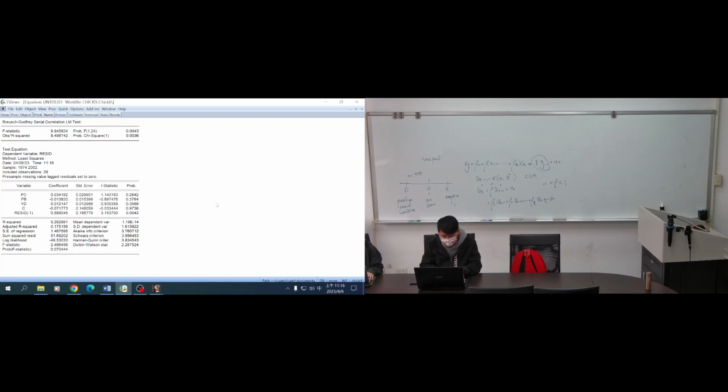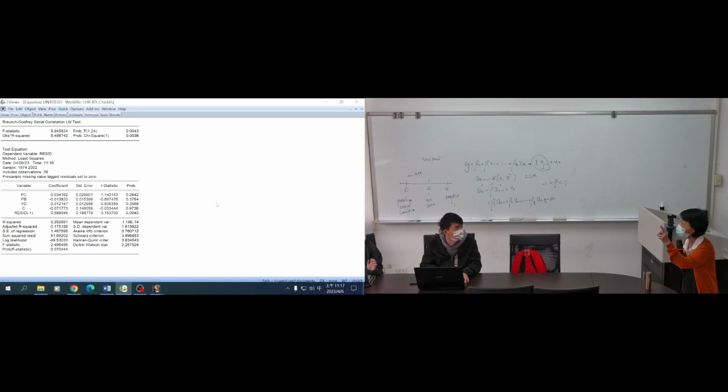Then, did you see the BG serial correlation LM test? This is by Breusch and Godfrey. Are you familiar with this statistician? Breusch-Pagan we learned in chapter 10, right?